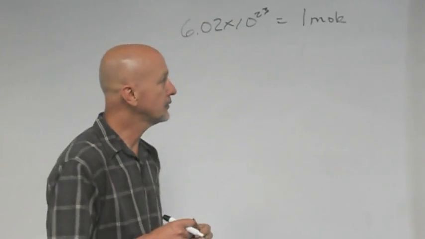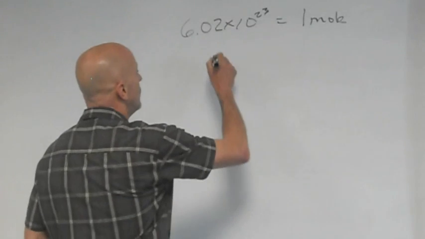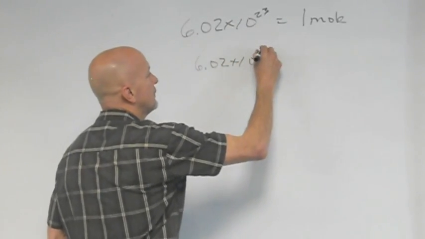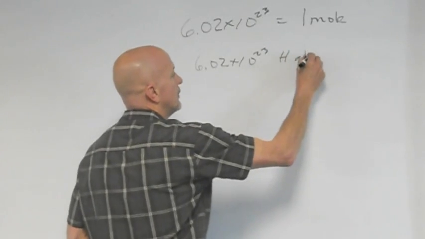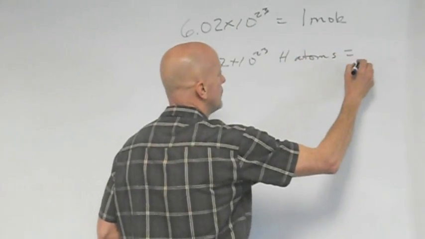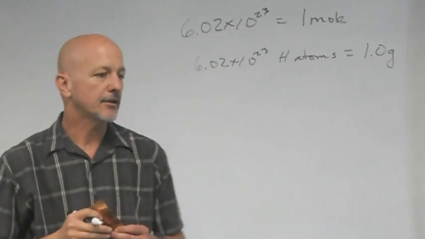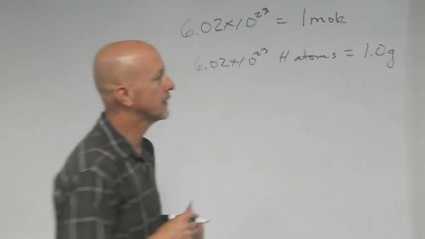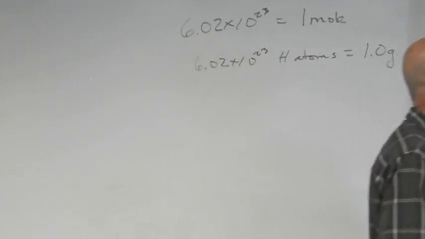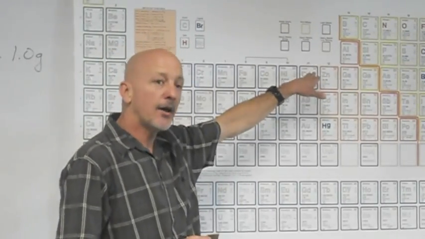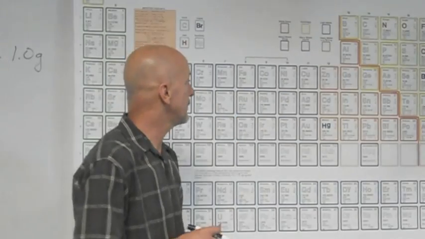So what I can do is, of course, say 6.02 times 10 to the 23rd hydrogen atoms equals 1.0 grams. And I can look at the periodic table, and we'll come to the periodic table. I can look up the mass of copper. I now know from the periodic table it has a number there.